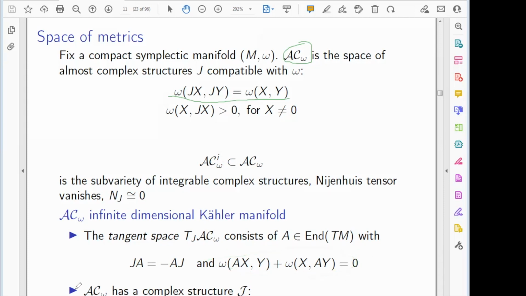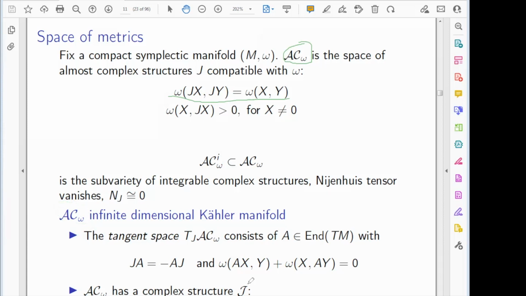And then you can define a complex structure on this manifold. It's an infinite dimensional Fréchet manifold, because I'm considering smooth sections. You could consider a Banach manifold of certain regularity, but if you consider smooth almost complex structures, then it's a Fréchet manifold.